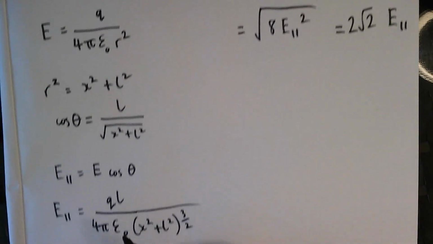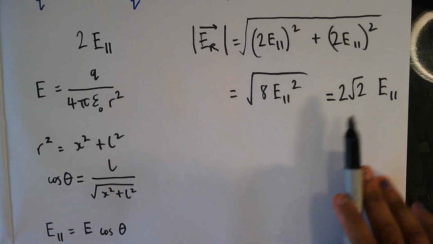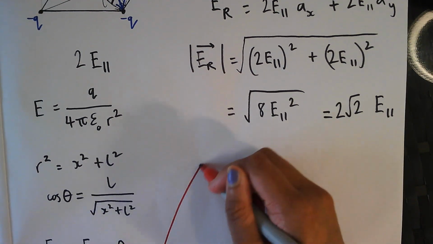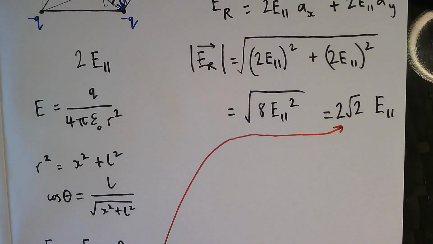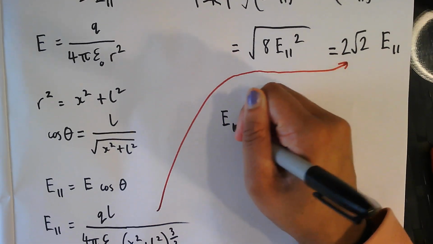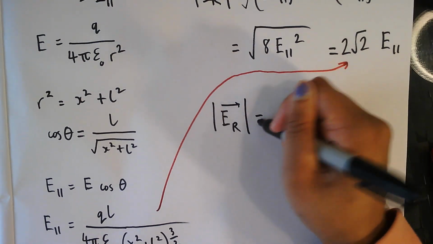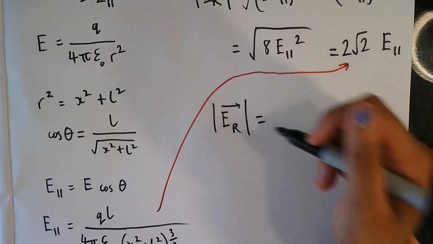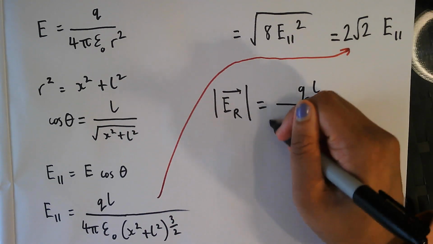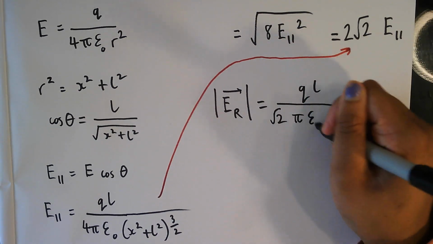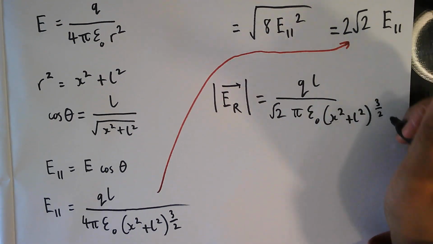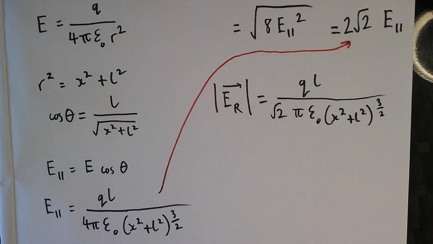So if we just substitute this value of E parallel into here, then we get E resultant, the magnitude of that, is equal to QL over root 2 pi epsilon naught, x squared plus L squared, to the power 3 over 2. And yeah, that's the final answer.